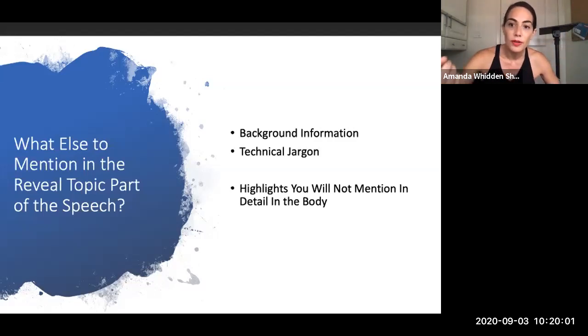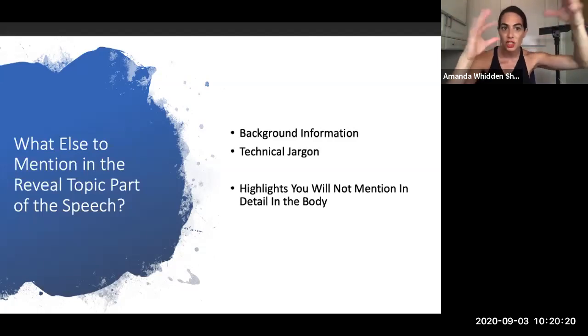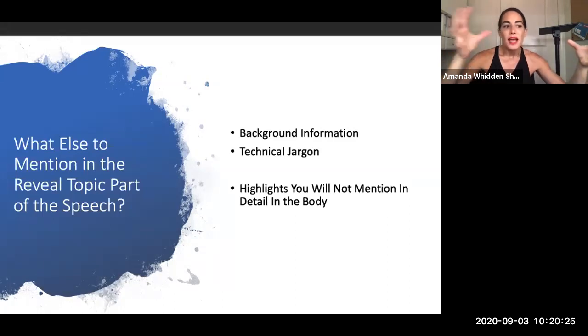In turn, if we look here, these are things like I was saying before, if we need to talk about where this subject sits historically or politically or maybe socially, or if you're talking about just a particular aspect of an event, then we would probably want to contextualize how that event started so that when we get into the event, that just makes sense for our audience. If our audience does not have the information that they need by the time they get to the body and you start speaking, they are going to be lost.